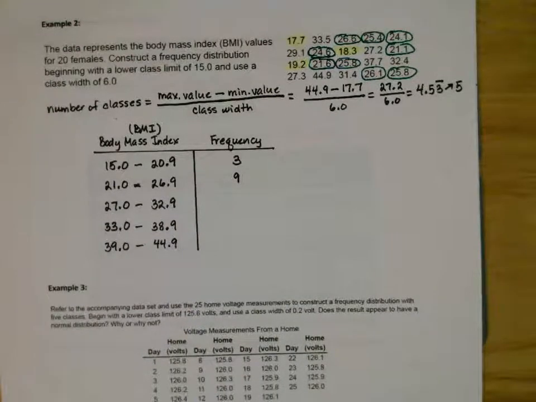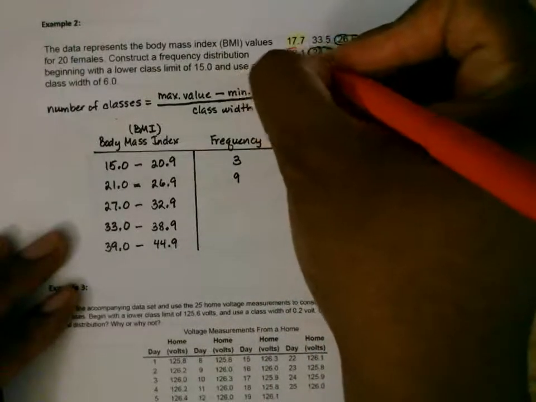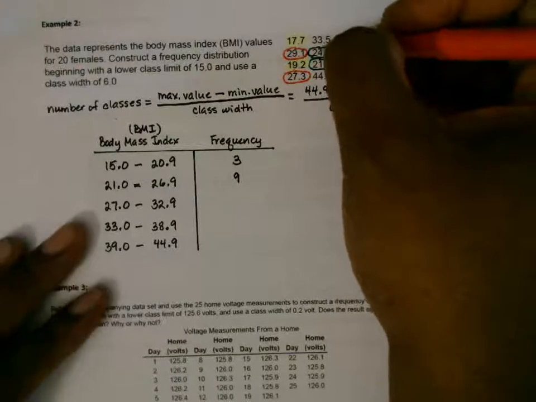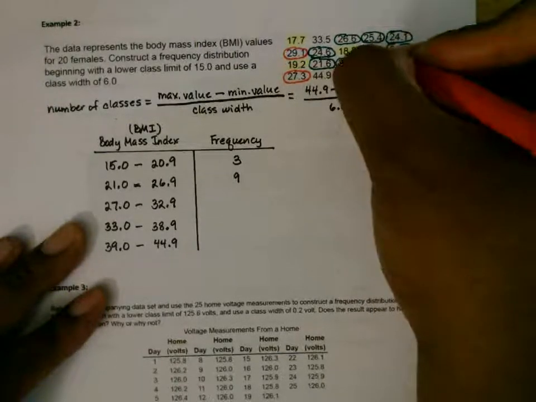And then 27 to 32.9. Let's see, I'm going to use a different color here. I need to find data values that are between 27 and 32.9. Well, I see 1, 2, yeah, that 31.4, that's 3. 27.2, that's 4.